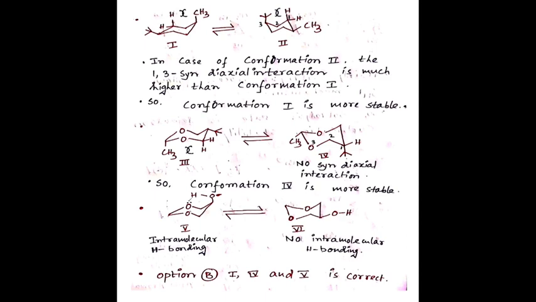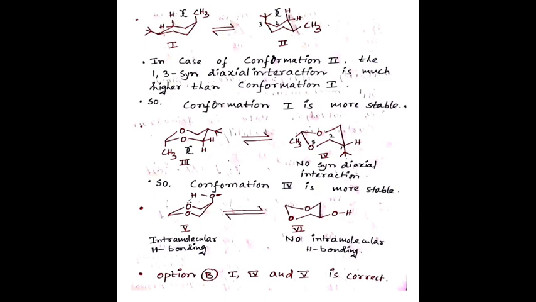This interaction is known as the 1,3 syn diaxial interaction. So we can easily say that the interaction between methyl and hydrogen is less effective. That's why conformation 1 shows high stability.